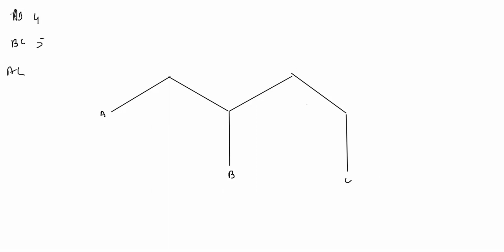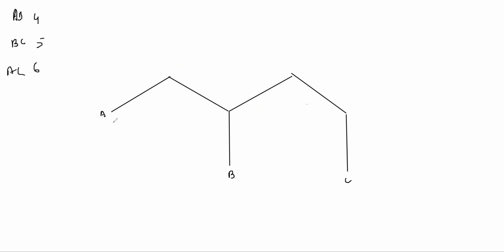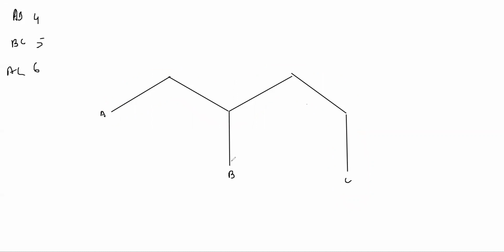So 6 are there. Which one should I select? That's from A to C. So the part which I select, from A to C, is the longest carbon chain. And what we are left with is a branch.